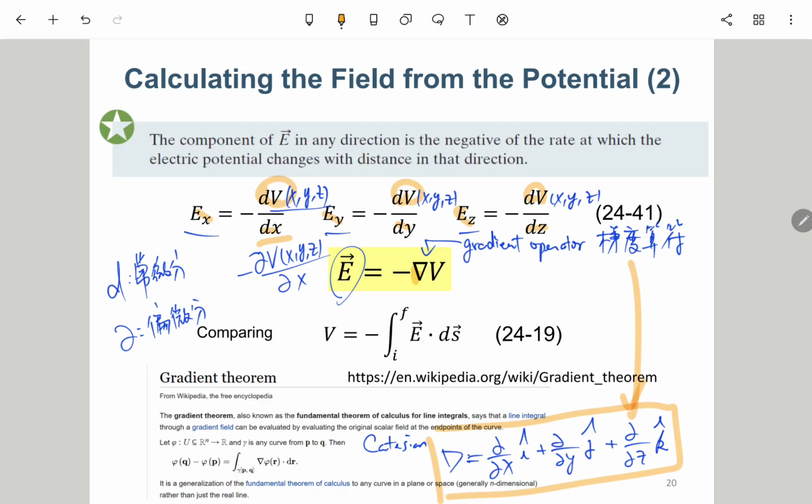This gradient operator can operate on a scalar field to generate a vector field, which is like generating the E field from the electric potential using this gradient operator, but taking a negative sign. So the E field can also be written as Ex i hat plus Ey j hat plus Ez k hat.